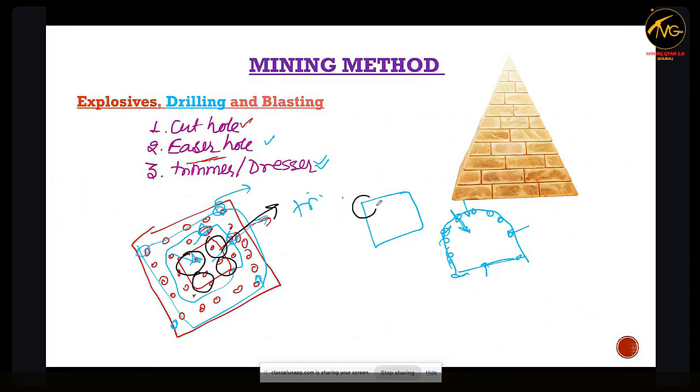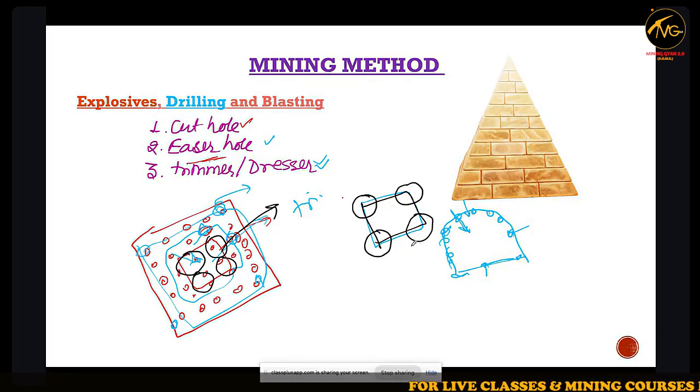So these are hole one, second hole, third hole, and fourth hole. Okay, so in the square shape, in the pyramid, these will be drilled in such a way that they form a pyramid.